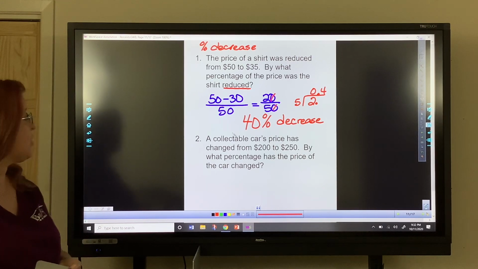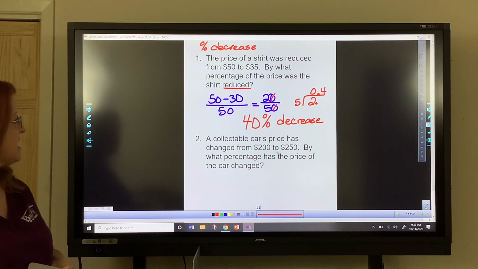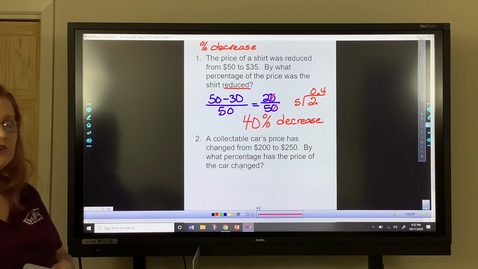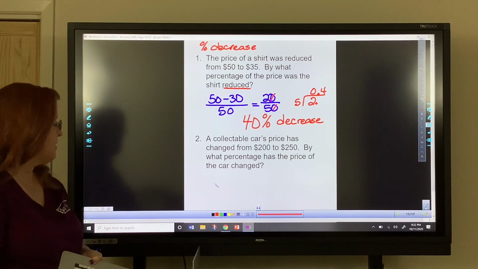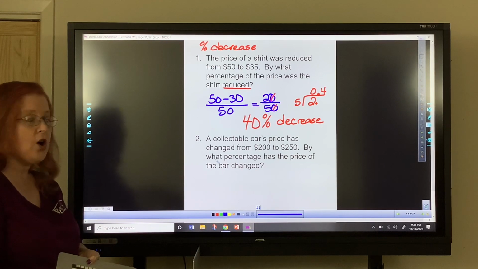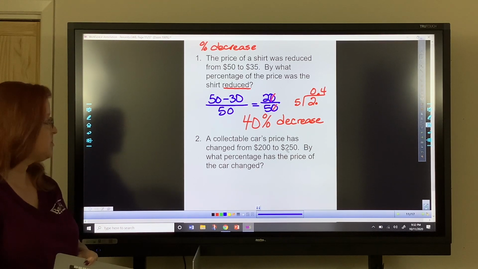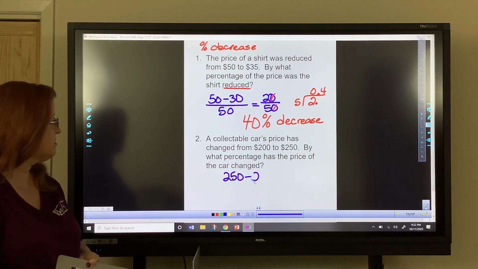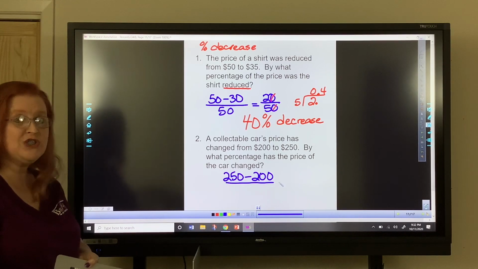A collectible car's price has changed from $200 to $250. By what percentage has the price of the car changed? Okay, so remember the formula. It says take your larger amount, 250, subtract your smaller amount, and divide by your original.